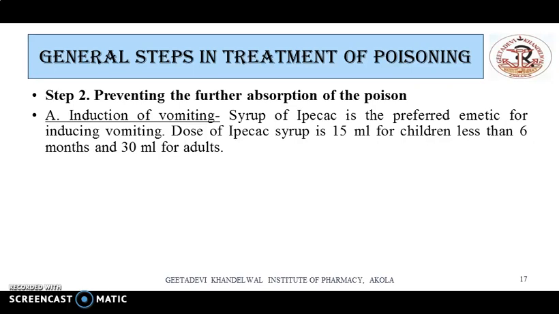If emesis is induced in those patients who consumed caustic poisons or corrosives, then the esophagus may be burned and ulceration may take place, and due to the aromatic compound there is a chance for problems in respiration. Emetics should also not be given where there is a risk of convulsions in the patient. In these patients, again, vomiting is contraindicated.